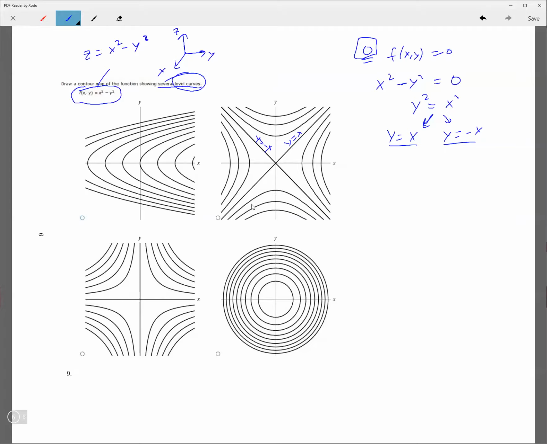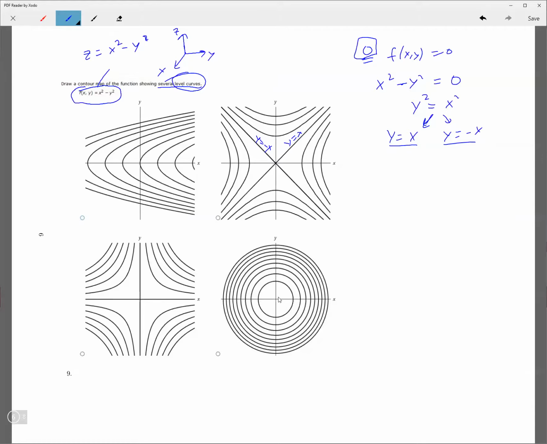Okay. Now I think that kind of rules out the other ones because there's no way that you can get those in there without crossing over other level curves. I mean, because there could be level curves that are not shown here, right? And so like if we had gotten a circle here that's just smaller than that circle, it's right here, then that doesn't rule out this one as a possibility.